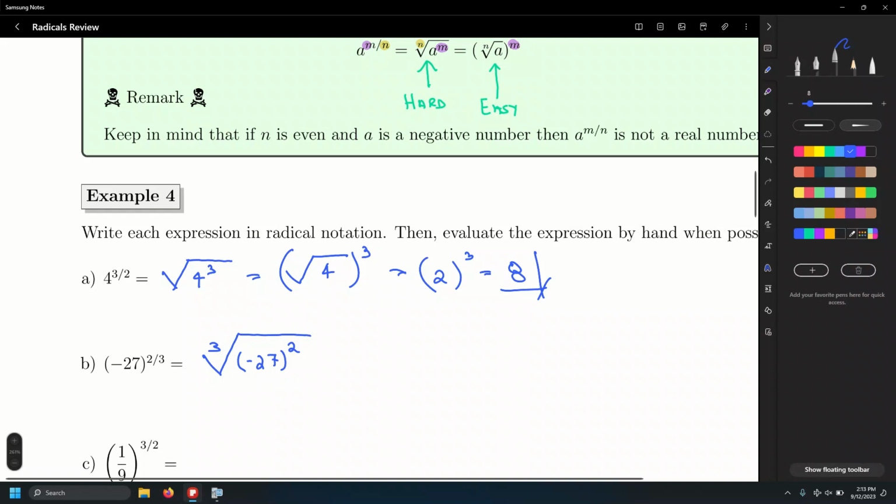This one is going to be a really good example about why that is hard to compute. So, what is 27 squared? Without a calculator, let's say you are in a quiz or an exam and you are not allowed to use a calculator. Do you see how this one is hard to compute?